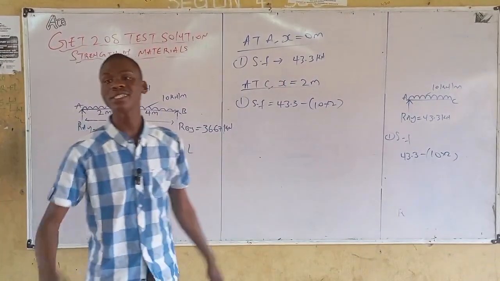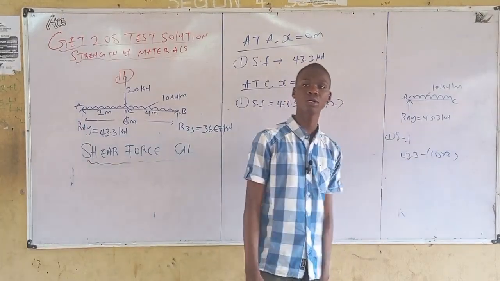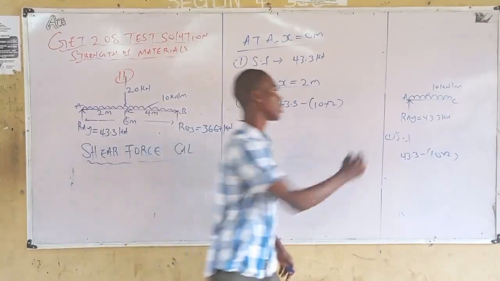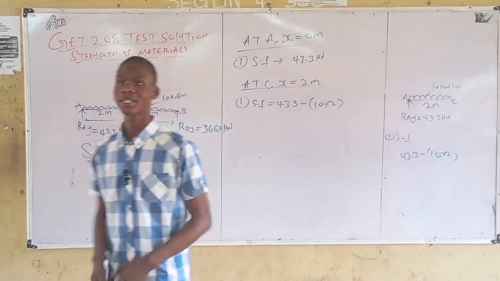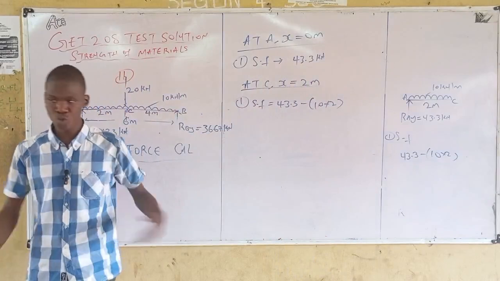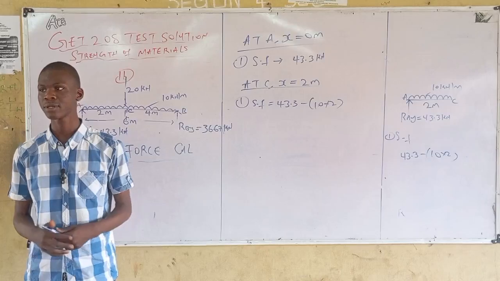So that one you are saying is the distance. But in this case, we are converting the U.D.L to a point load. In this case, what will now be the distance? The distance of this U.D.L, what will be the distance? 2. Which one is correct? 2. Why is it 2? Tell me.